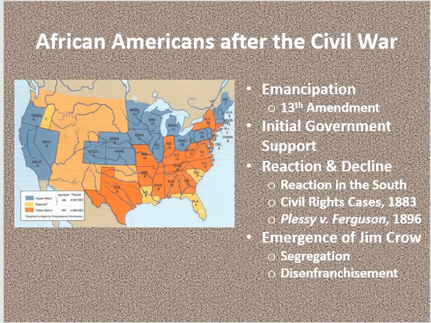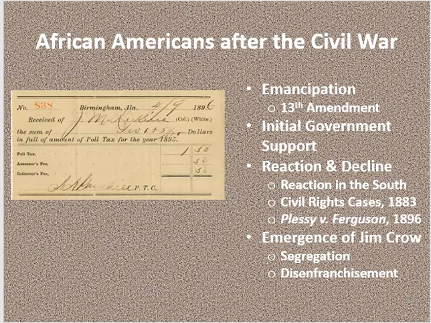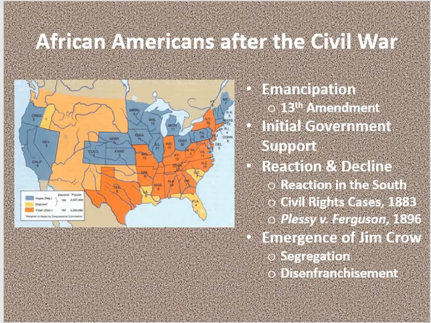Just as federal support for Reconstruction was declining in the North, there was also a corresponding change of attitude on the part of the Supreme Court. In 1883, the Supreme Court decided a collection of cases that together are known as the civil rights cases, in which it invalidated, among other things, the 1875 Civil Rights Act, the one that had guaranteed equal access to public accommodations.